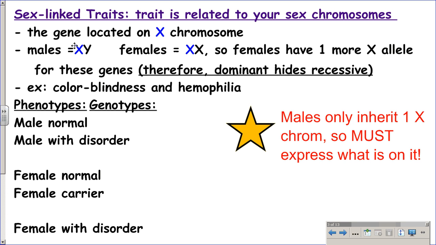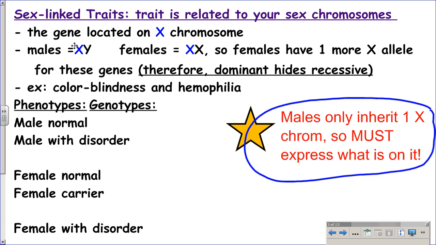And this star is what I told you earlier. This is one of the most important things to know about sex-linked disorders, because it really helps you understand why guys have such a high chance of getting the disorder, while ladies have such a small chance.